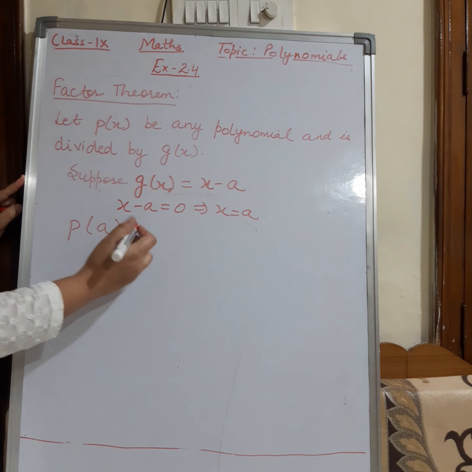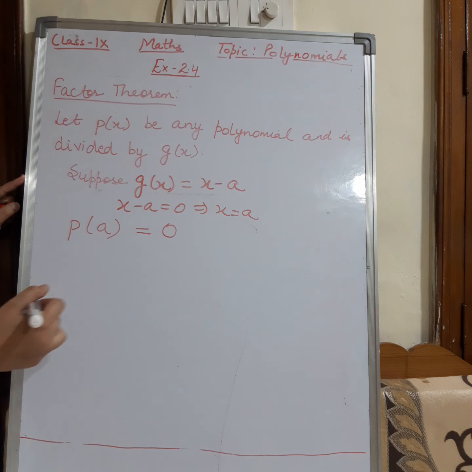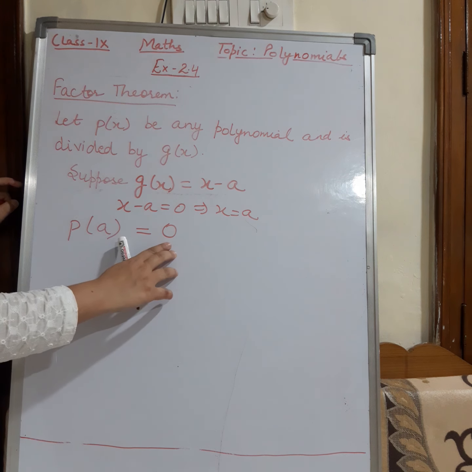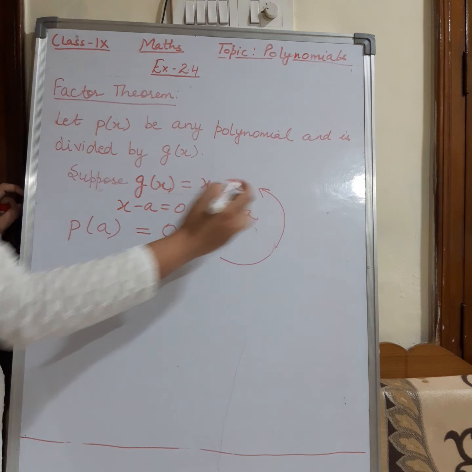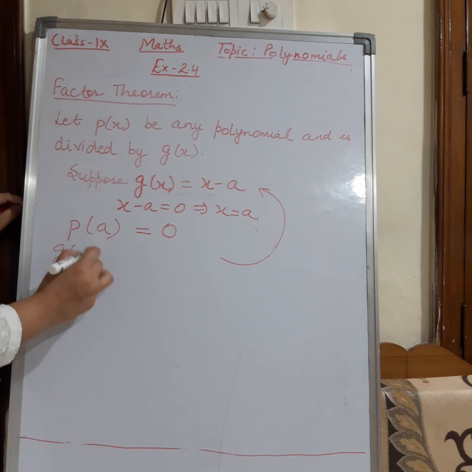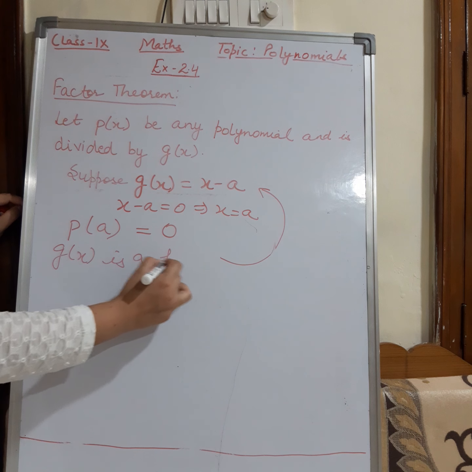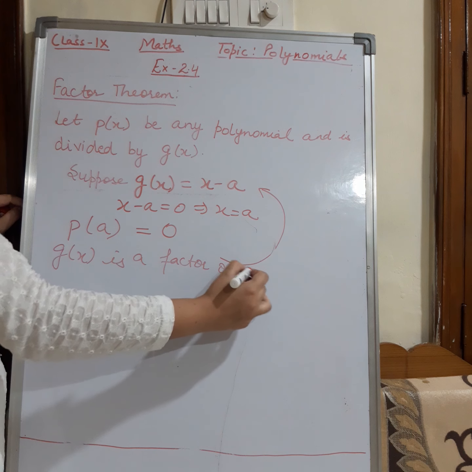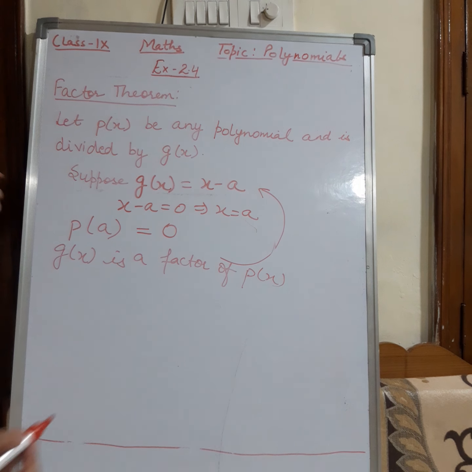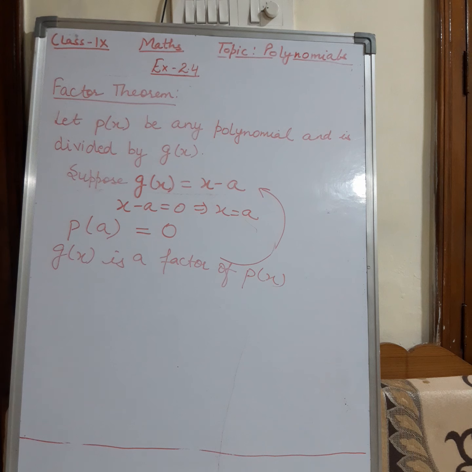And if p(a) is equal to 0, that means my remainder is equal to 0, then you can say that this g(x) is a factor of p(x).